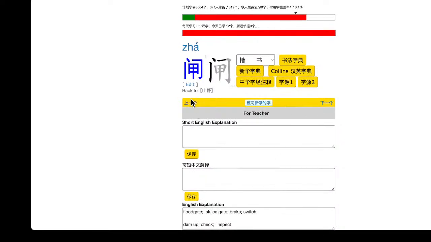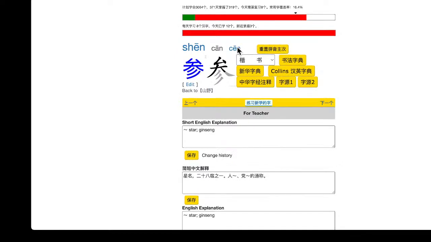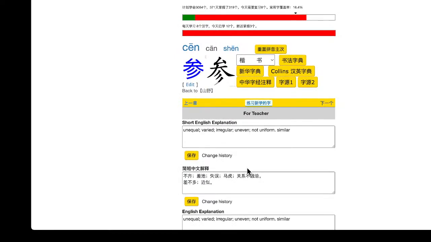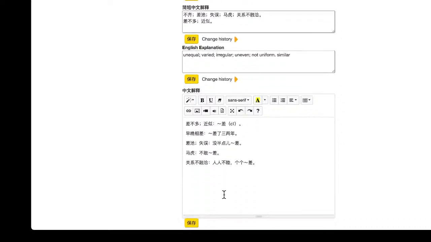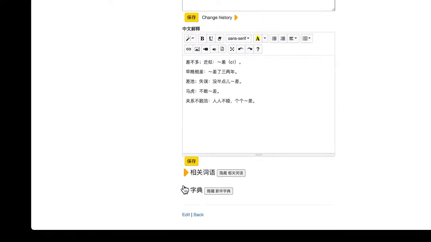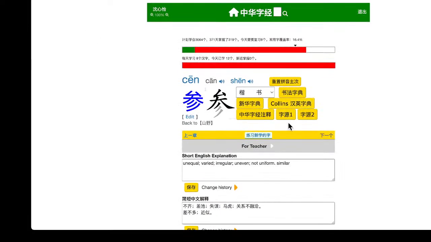Another meaning is 差, 参差, meaning unequal, varied, irregular, like 参差不齐. That just means uneven, not uniform, it's a varied state. So this is called 参差.